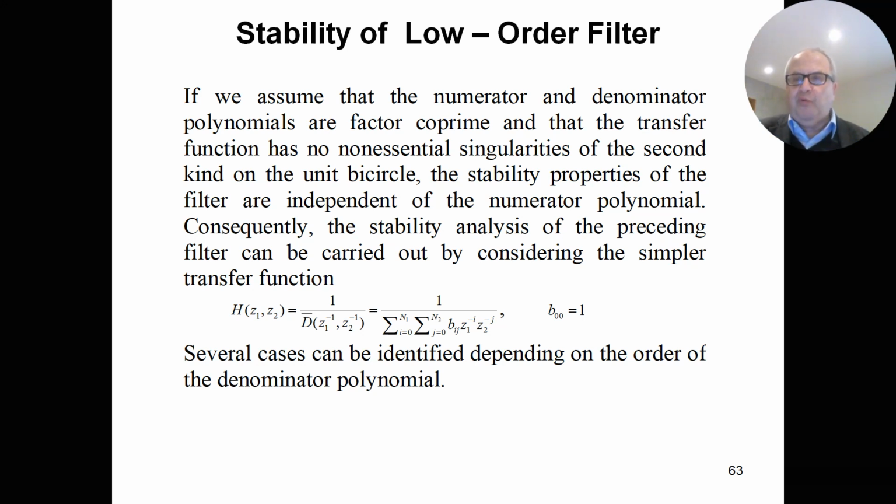For the product of one-dimensional filters, you have a product in the denominator where all the factors are polynomials of small dimension. Why do you have polynomials of small dimensions? Because you have simple stability conditions.